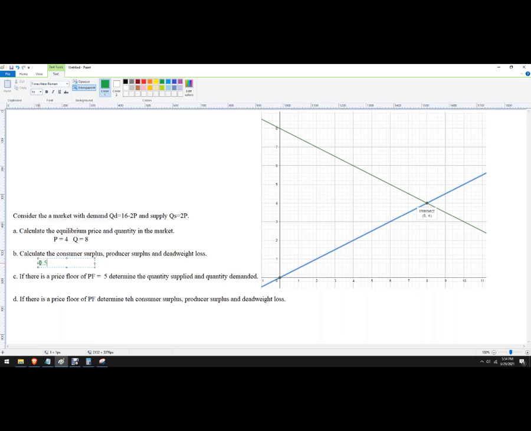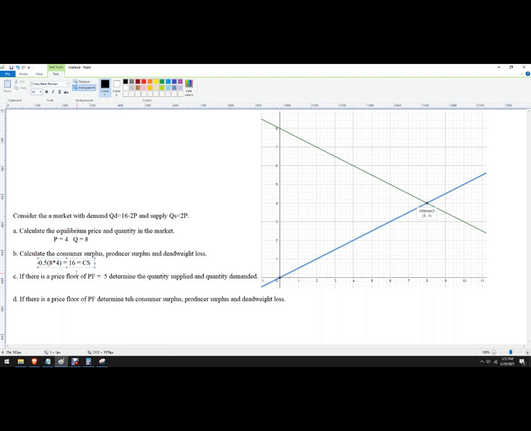So 0.5, we'll do it in black. 0.5 times, we got a quantity of 8 times a price difference of 4. And that's 8 times 4, which is 32, and then half of that is 16, equals consumer surplus.